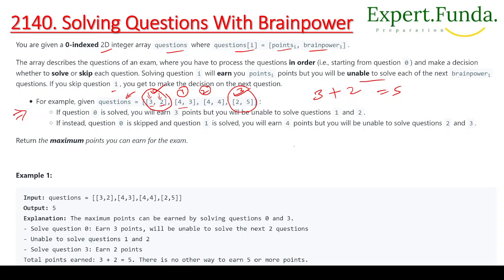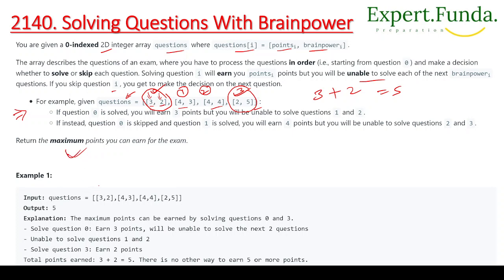To solve more, he would have to solve questions 2 and 3, but he is unable to do that, because here how many things do we have? 3. So he will skip those. In that case, we have to return the maximum points he can earn for this exam.